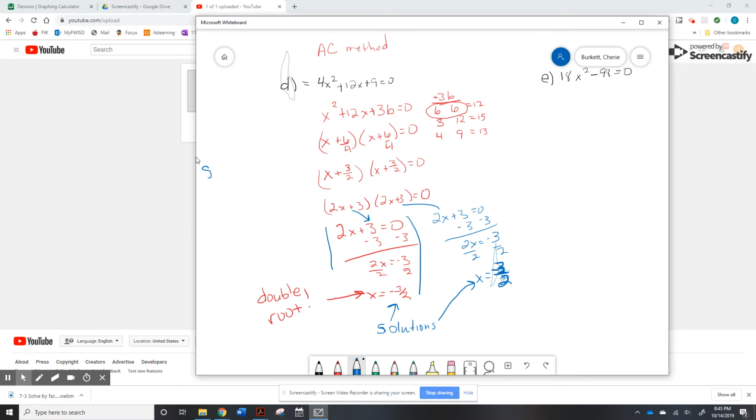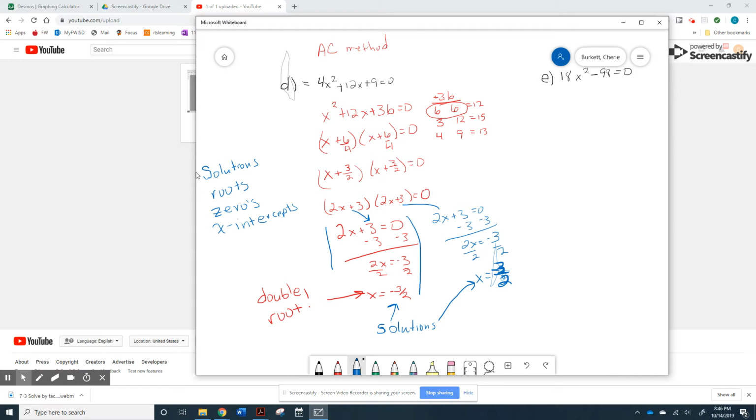These are solutions, but solutions and roots, solutions and roots and zeros, and you'll understand this part a little bit later.